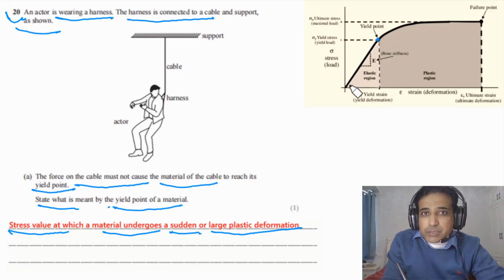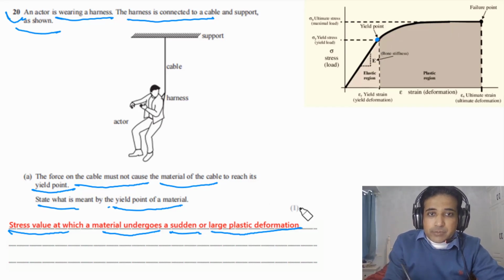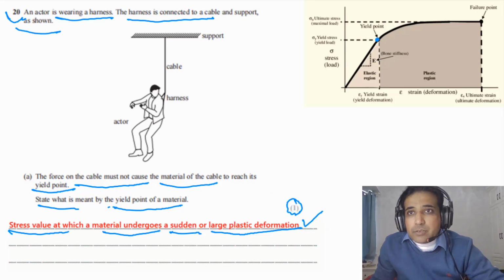Before this, the increase in strain and stress are proportional to each other, and after that there is a large increase in strain with small increase in stress, and the material undergoes plastic deformation. So this point we call the yield point. This is how you can simply explain this question, which is only 1 mark. If you have written this, you will get 1 mark.